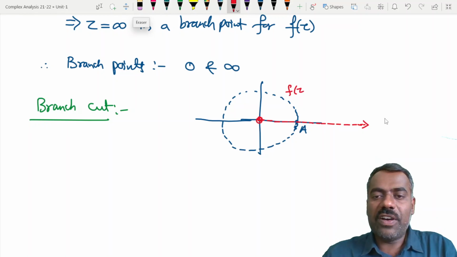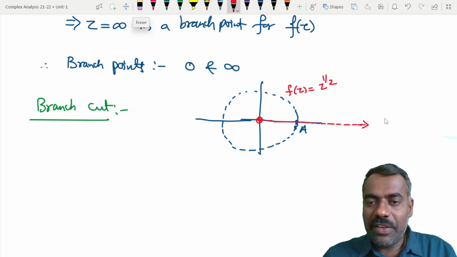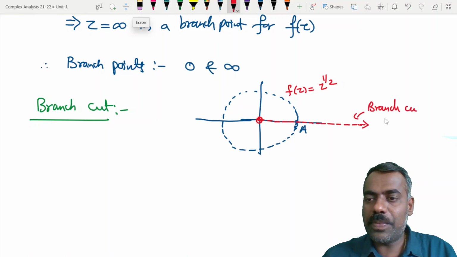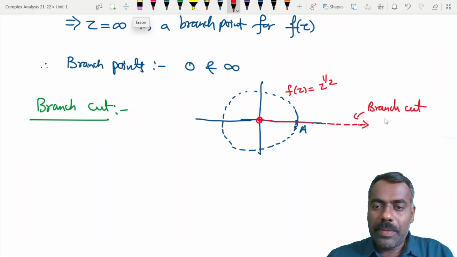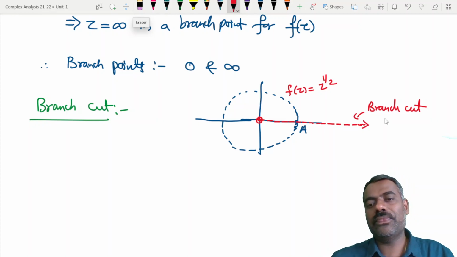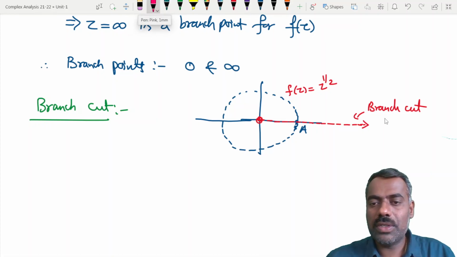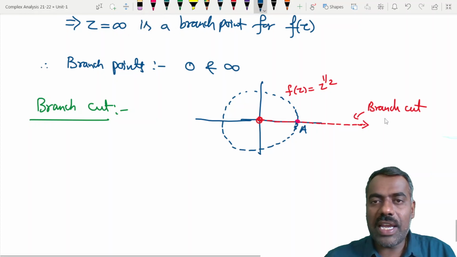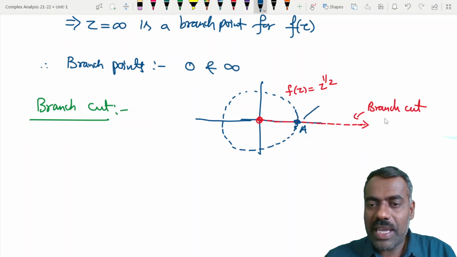So this one, f of z is equal to z power half. You come here. If this bridge is not there, or assume that whatever dotted lines I have mentioned here, this I will call a branch cut. Why will I call this a branch cut? Because of this barrier, because of this wall, you can't reach this point A. Are you following? Yes or no? Whatever point we are having, A, we are not able to reach because of this.